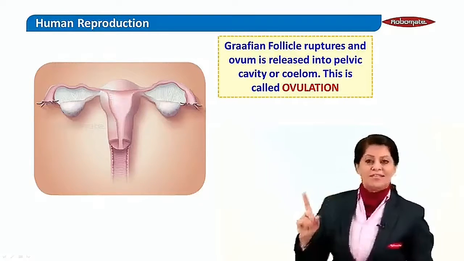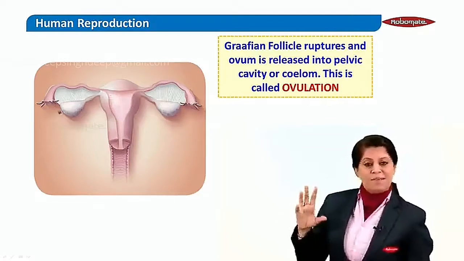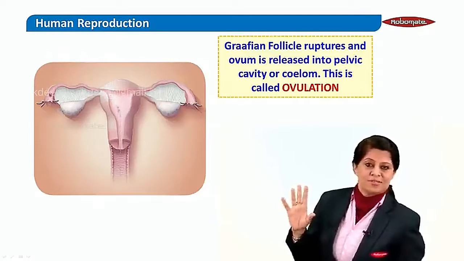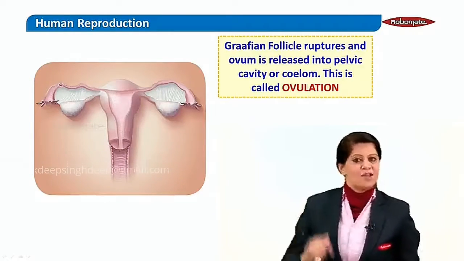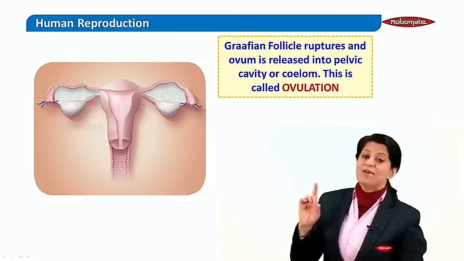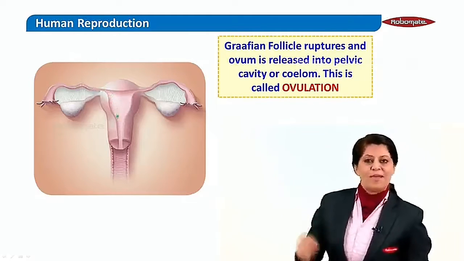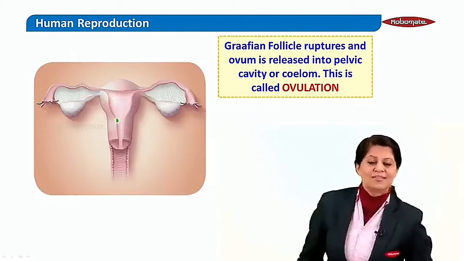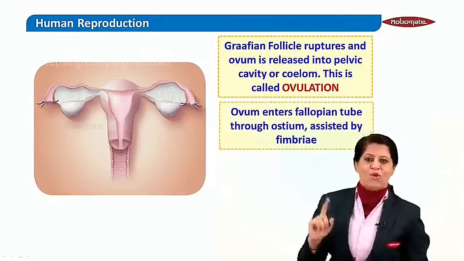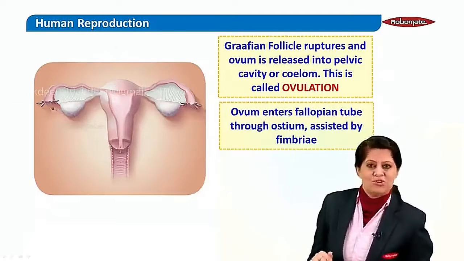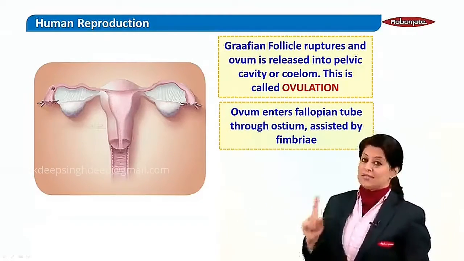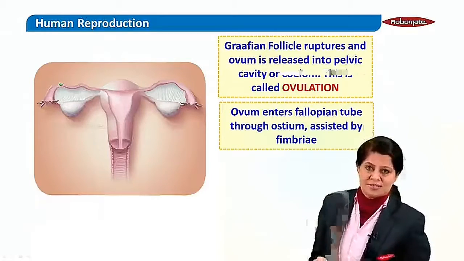Now once it is here, it is picked up by those finger-like processes of the fallopian tube. Which are those finger-like processes? Fimbriae, and it is pushed into the opening which is called the ostium. So the ovum enters the fallopian tube through the ostium, assisted by those finger-like processes.